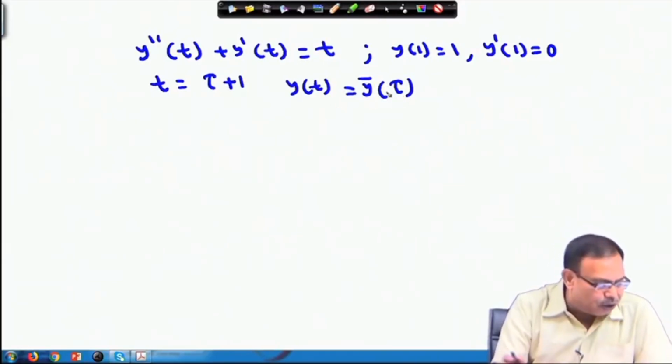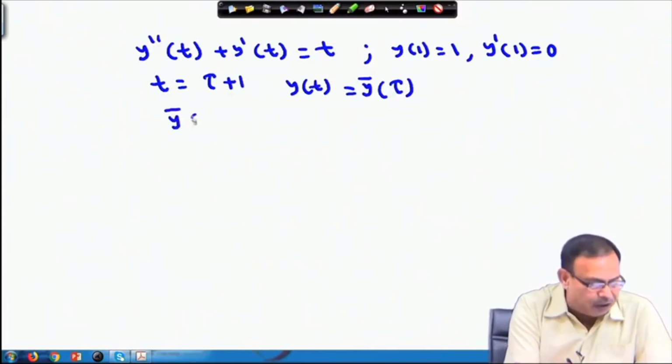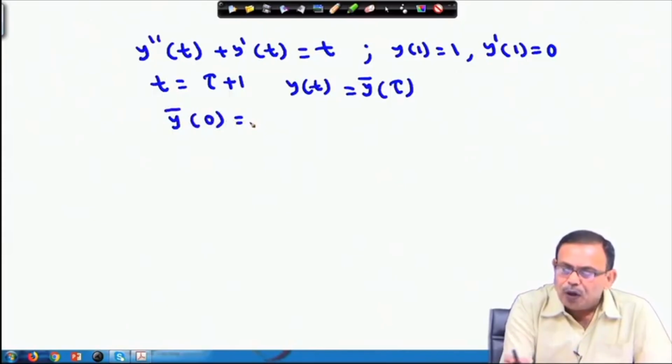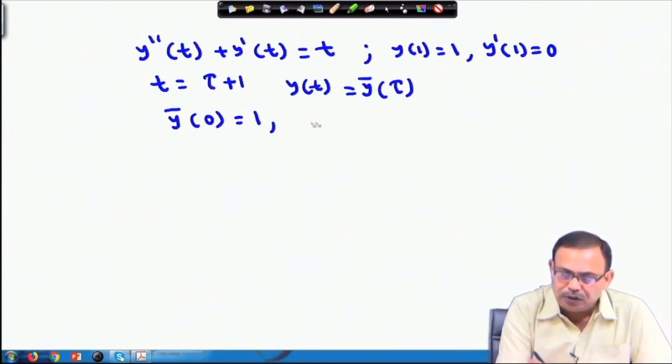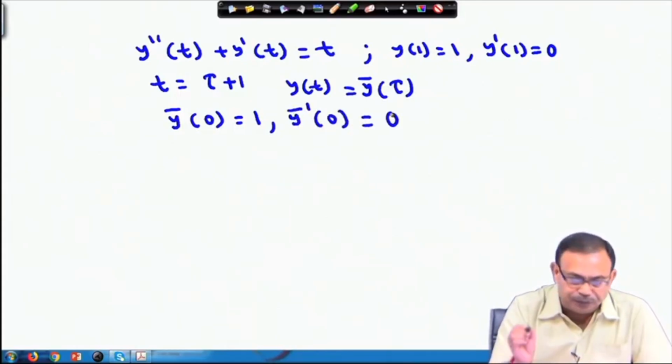Then what will be y bar(0)? Y bar(0) will be 1, because, as I told you, at t equals 1 your tau will be 0, and your y bar dash (0) will be equal to 0.